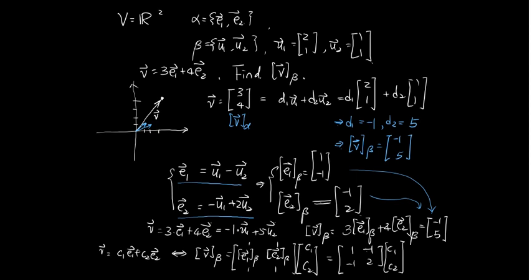The whole point of this example is to let you know that if you want to transform C1, C2 to D1, D2, then their relation is simply one matrix. C1, C2 are these two coefficients, and D1, D2 are the coefficients for the other coordinate system. And in order to change 3, 4 to D1, D2, all you need to do is plug in 3, 4 here, and then multiply by a matrix. And this matrix is determined by E1, E2, and their representation in beta. Okay, so later on we are going to see how and what this matrix is.